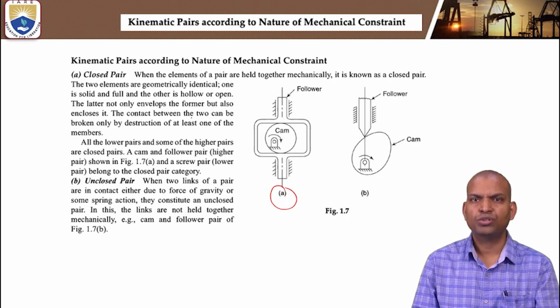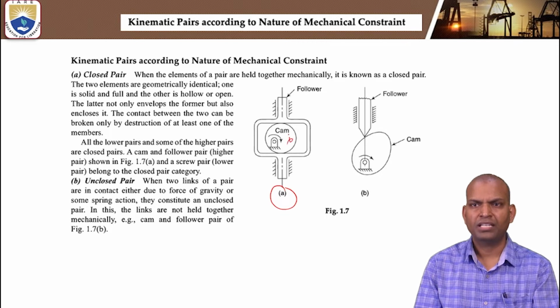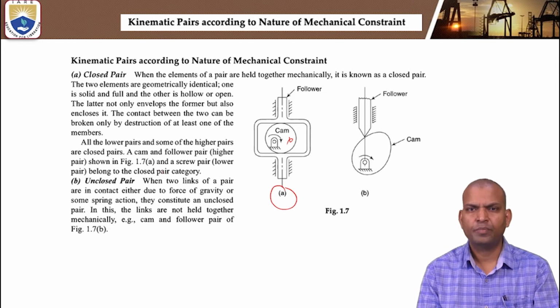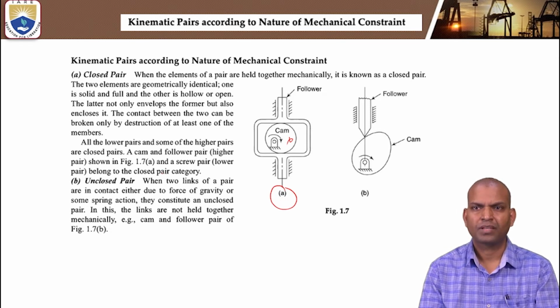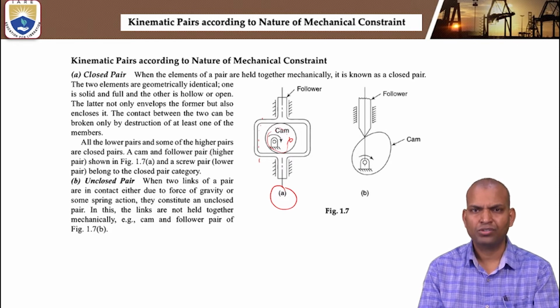The contact between the two can be broken only by destruction of at least one of the members. If one of the members is broken, then the contact will vanish. But one element will be completely closed by another element. What is geometrically identical means the diameter of the cam here is the same as the length; the geometry remains the same. Then only contact takes place, otherwise there is no contact.